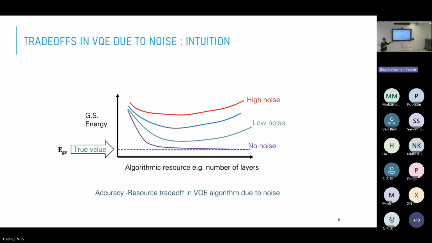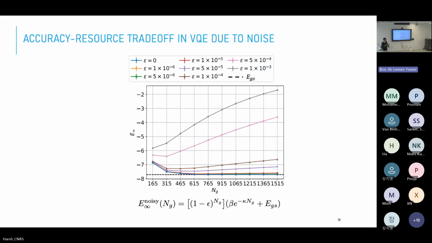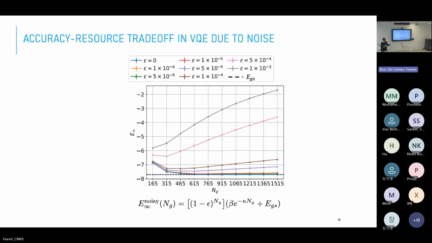Under any noise model that you use, if it is associated with the gates, the number of gates, you would see these trade-offs. Maybe the nature of the trade-offs will be different, maybe the points will be different, but you will see these trade-offs under any kind of noise which accumulates with the circuit depth. What type of noise did you take into account? I'll come to that. This was just for illustrating that the intuition that we developed was correct.